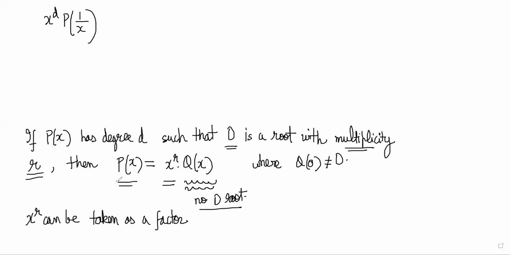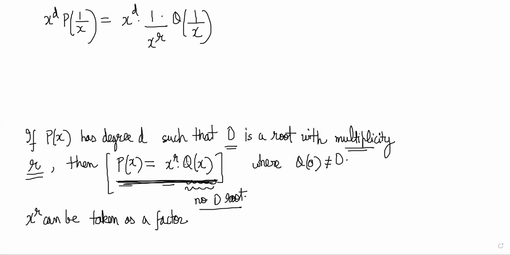Now because p of x can be written like this, p of 1 by x will be written as 1 by x power r q of 1 by x, right? Think about it. P of x could be written like this. So p of 1 by x is 1 by x power r q of 1 by x.